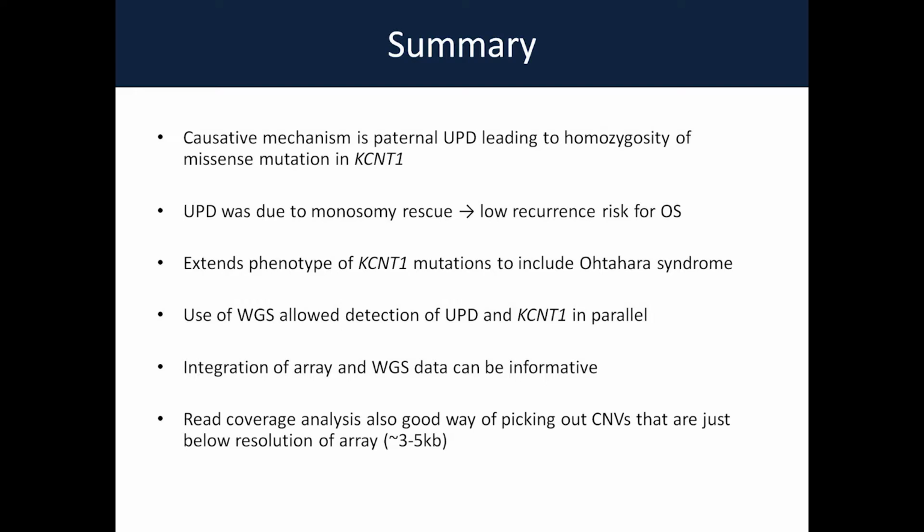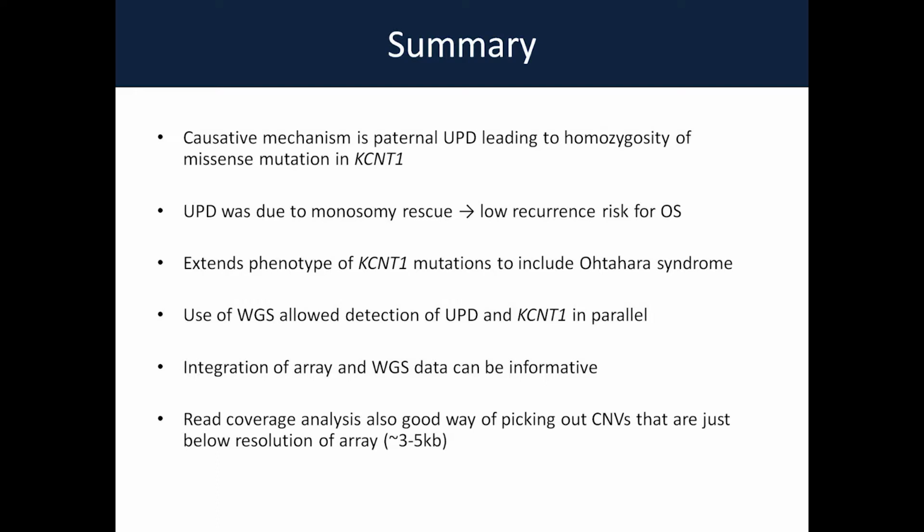Also, some nice things about the study: we showed that if you'd done this with the previous strategy of doing arrays first, you'd have found the UPD and then you'd have had to decide, do we sequence random genes along chromosome 9 or do we do exome sequencing?